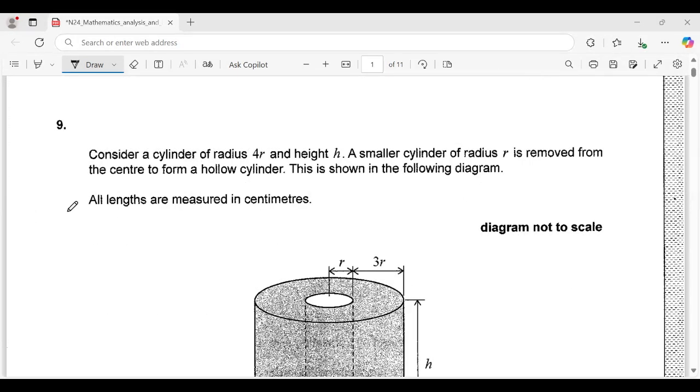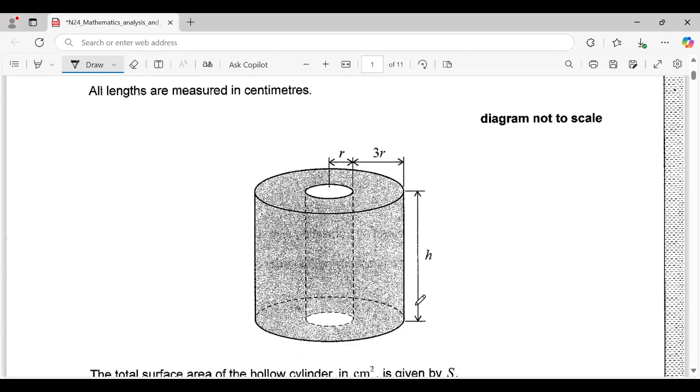Number 9, consider a cylinder of radius 4r and height h. A smaller cylinder of radius r is removed from the center to form a hollow cylinder. So there are two cylinders, with radius 4r and radius r. This is shown in the following diagram.